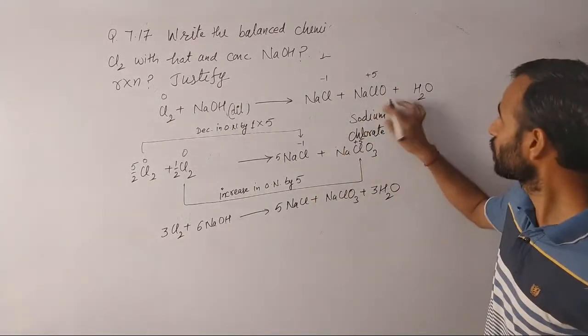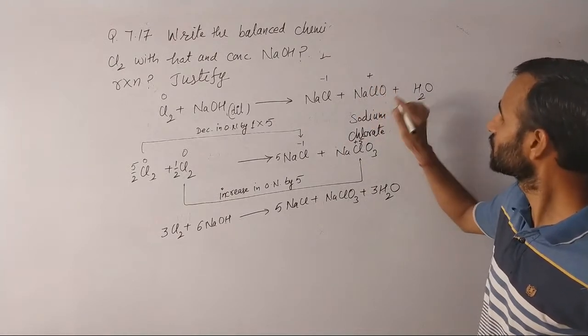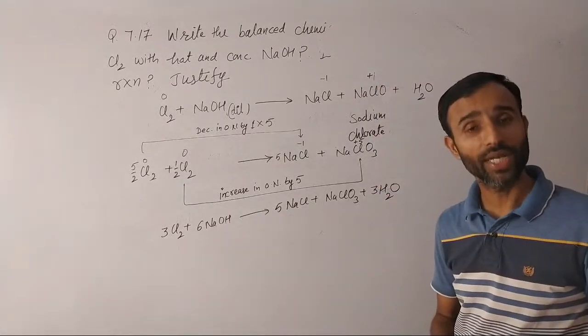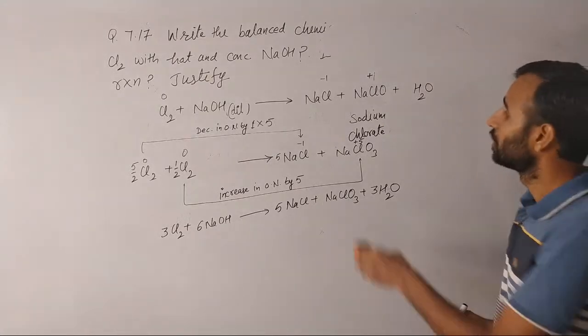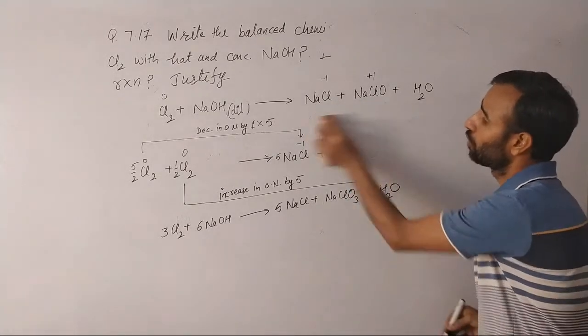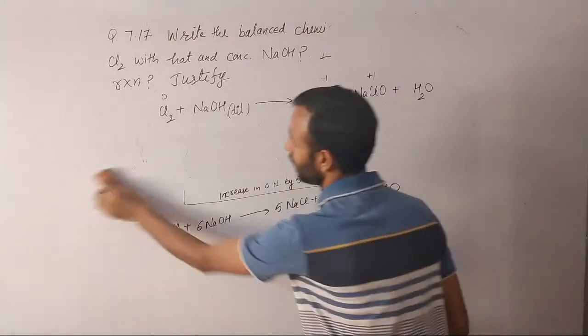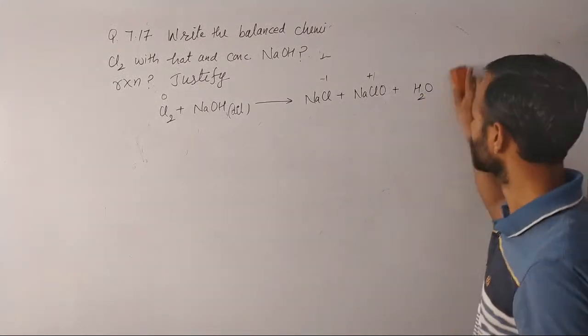If it is dilute, it becomes NaClO. This is the only difference. Instead of NaClO3, we get NaClO, meaning sodium hypochlorite. If it is dilute sodium hydroxide, again this is a disproportionation reaction.